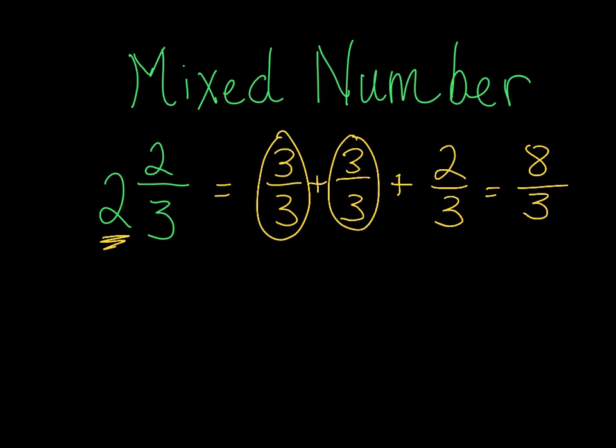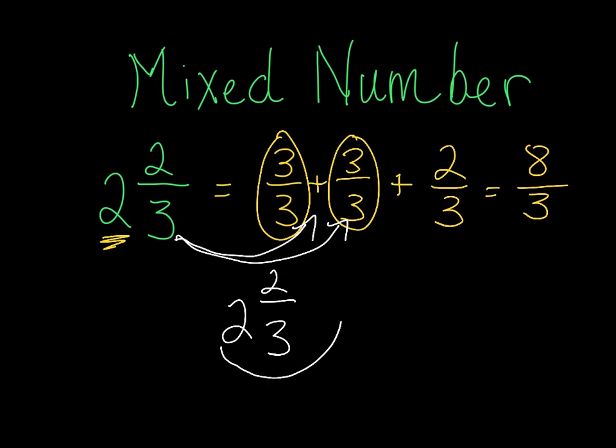Now, I know I showed you this back when we were in the classroom. 2 and 2/3. Another way of doing this, instead of pulling out these wholes, which is fine, we can actually do what I like to call the circle of math, because we're doing it going around this way. 2 times 3 is 6, plus the 2 is 8, and the denominator always stays the same.